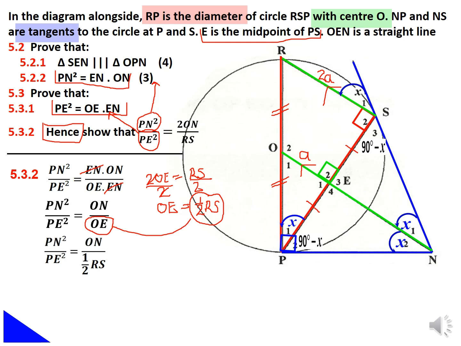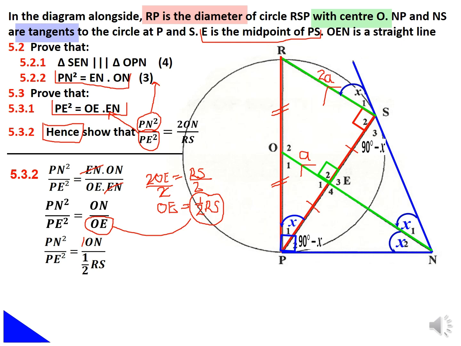So now we have Pn squared over Pe squared is equal to On over half of Rs. Now, On here has 1, basic algebra. If there is no coefficient, it basically means the coefficient is 1. So in this case, we can now divide 1 divided by 1/2. The answer is equal to 2.